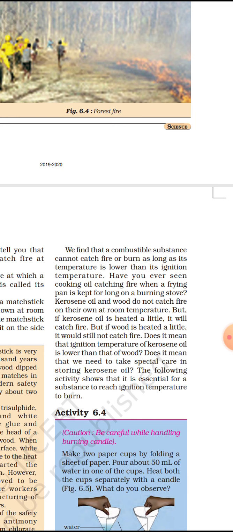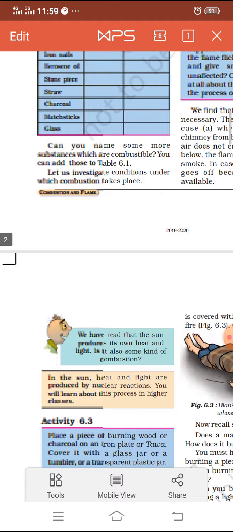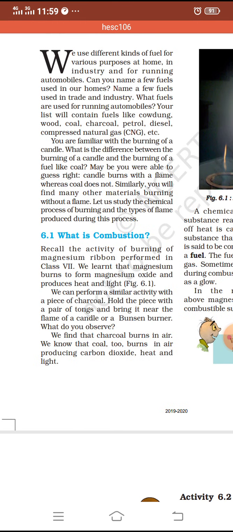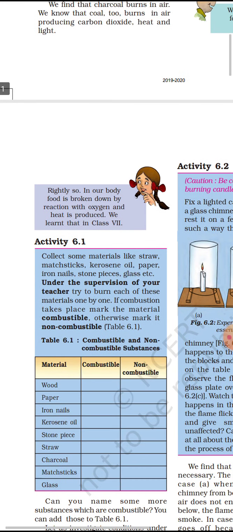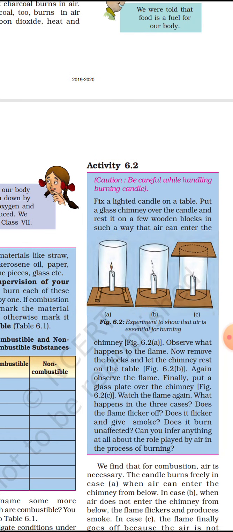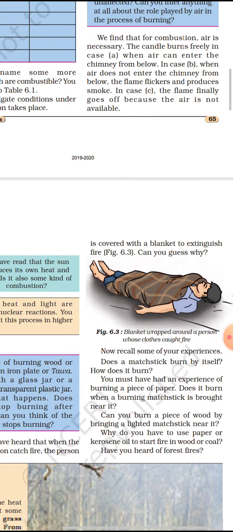Okay, students, in this class you came to understand what combustion is. After that we saw different types of materials which are combustible and non-combustible, and the experiment showing that air is essential for burning, and the reason why the candle went off, which we saw in activity 6.2.